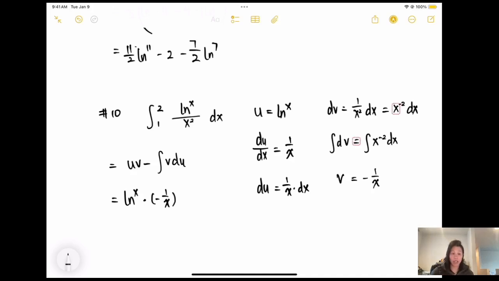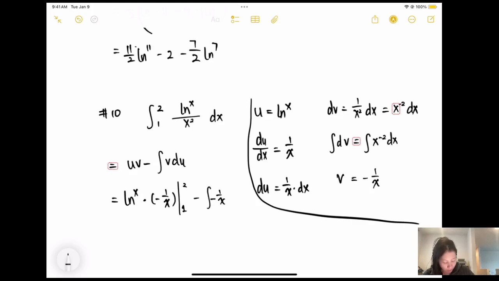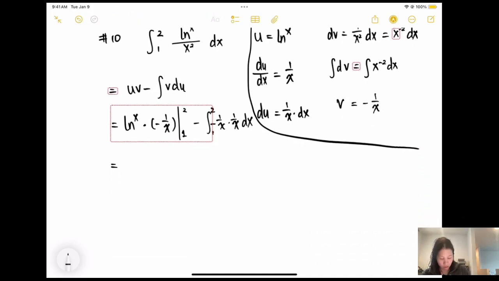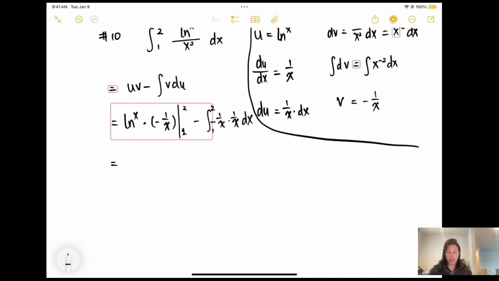We can integrate this part first, which is from 1 to 2, and then subtract the integral of v du. v is negative 1 over x. Okay, this is a little bit cramped. And then du is 1 over x dx from 1 to 2. So we can integrate the first term, which is the left term.